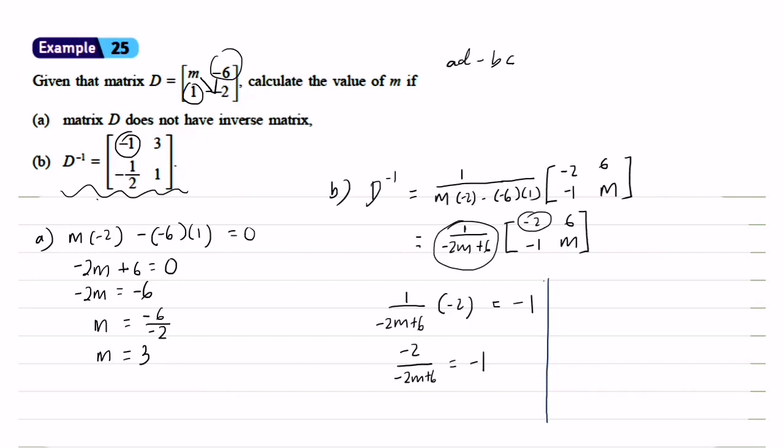Okay, so this one I move over this side. -2 equals -1 times -2m plus 6. So -2 equals 2m minus 6.